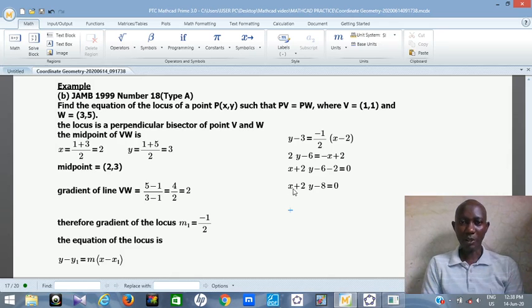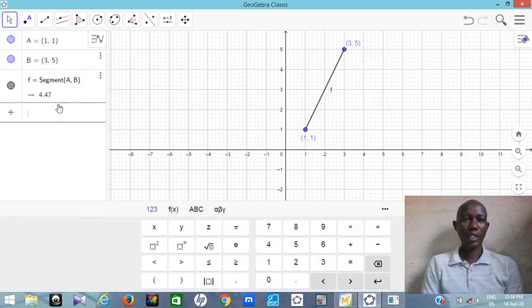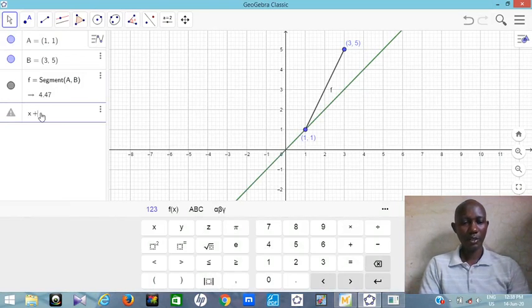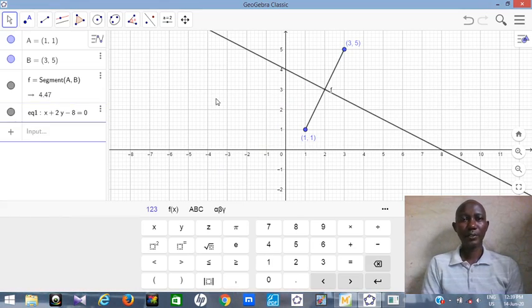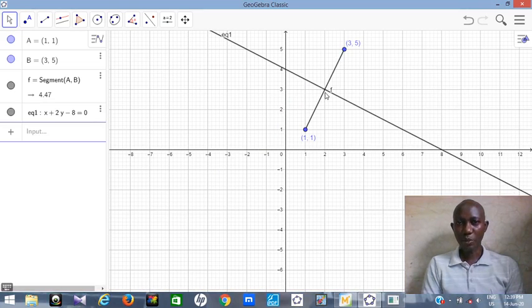Let's see the line we are going to get. x plus 2y minus 8 equals to 0. I have x plus 2y minus 8 equals to 0. You can see that it passes through the middle of these 2 points. So this is actually the center.